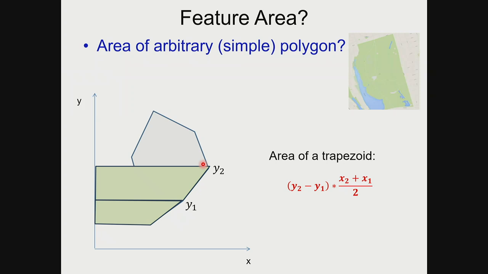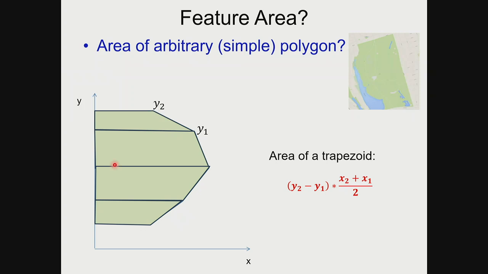So y2 in this case will become the one above, and y1 will be the one that we've already used. Again, you add that to the area that you achieved, so that's all positive. And you keep doing this, looping over all the points, okay? So in this case, y2 is this one, and y1 is this one, and then until we get to that upper point, right? So we've added all of this area.